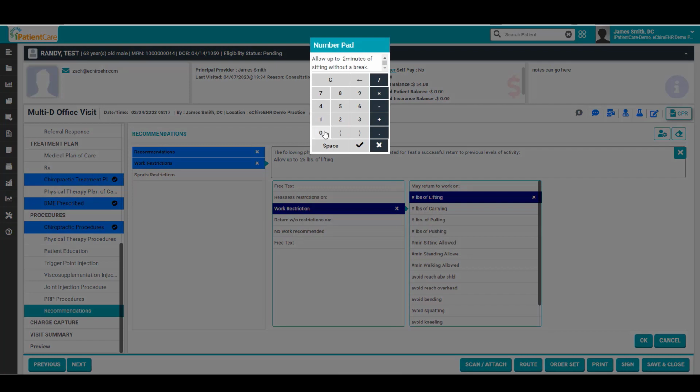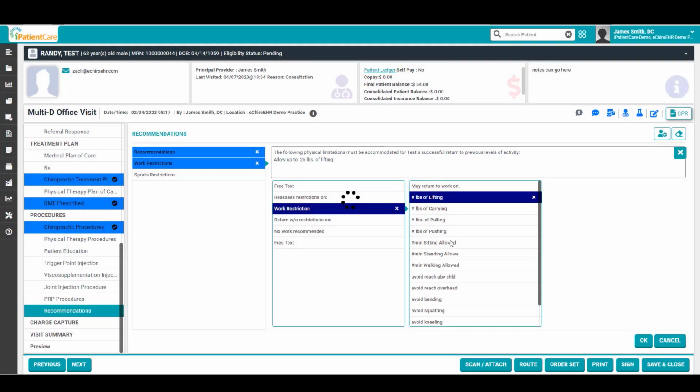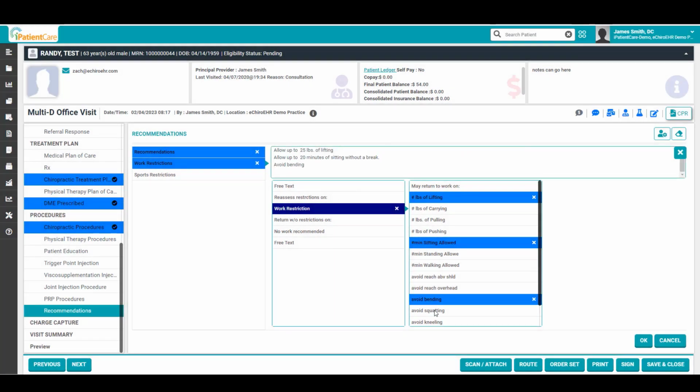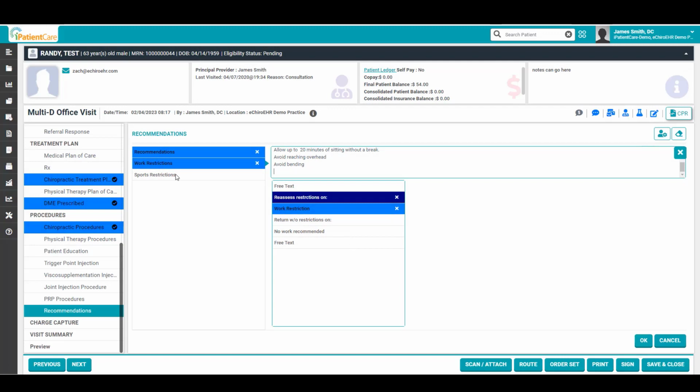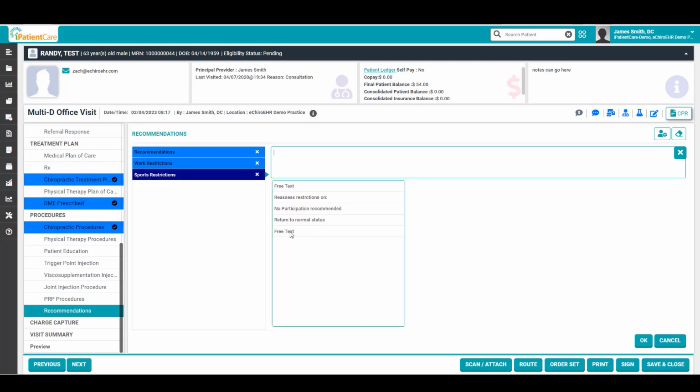Sitting. And we want them to avoid bending and reaching overhead. We're going to reassess those restrictions in about a week. And we have a section for sport restrictions, very similar.